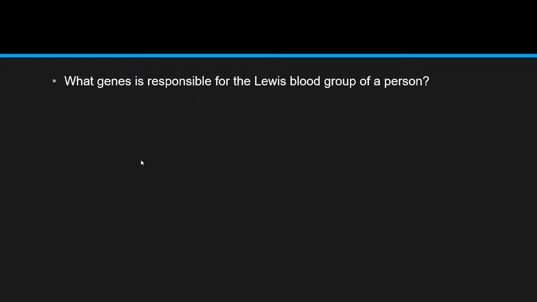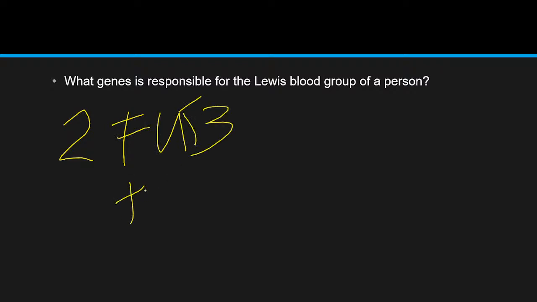Now, the genes that are responsible for the Lewis blood group of the patient are two genes that are very important. The FUT3 gene, and the FUT2 gene. FUT2 gene, you might be familiar with this one because I mentioned it last week.